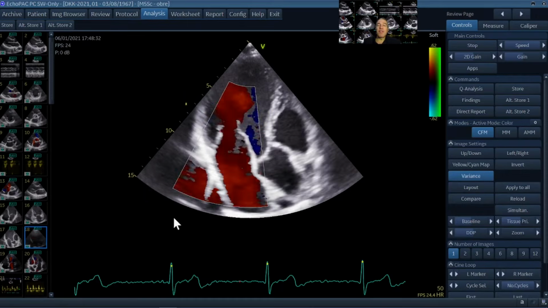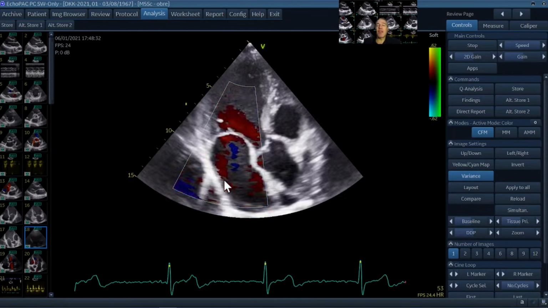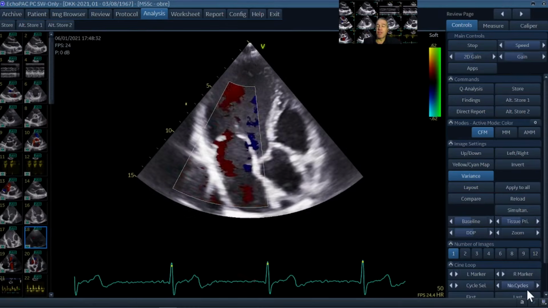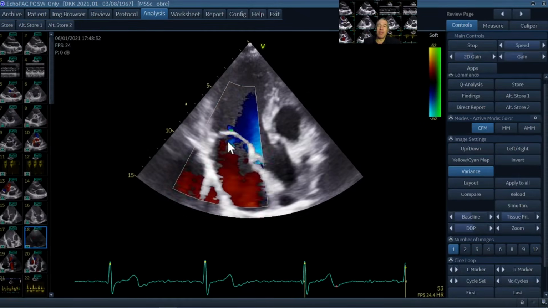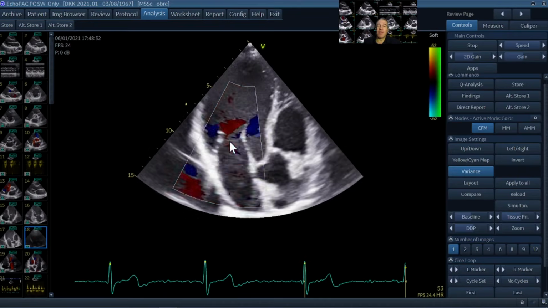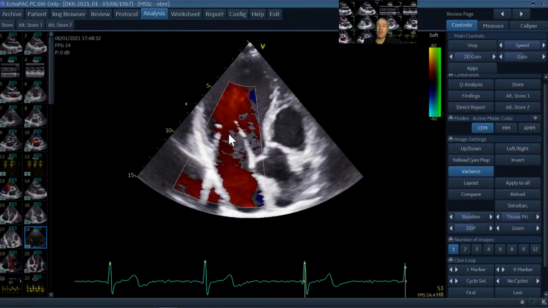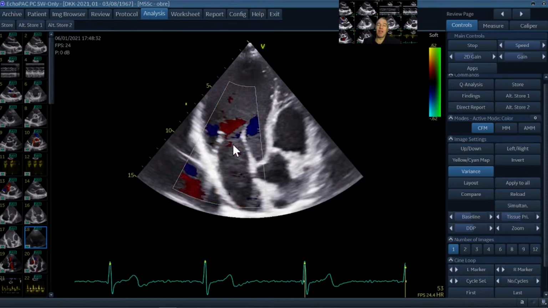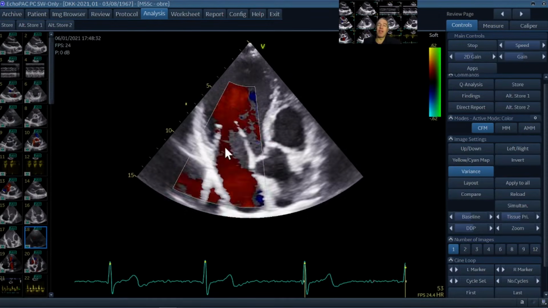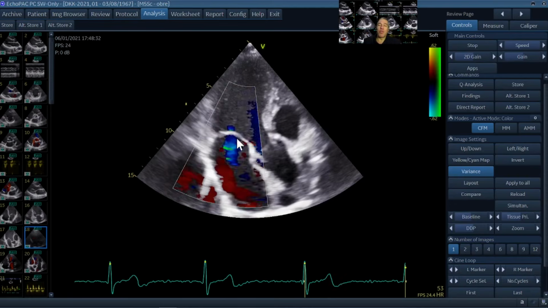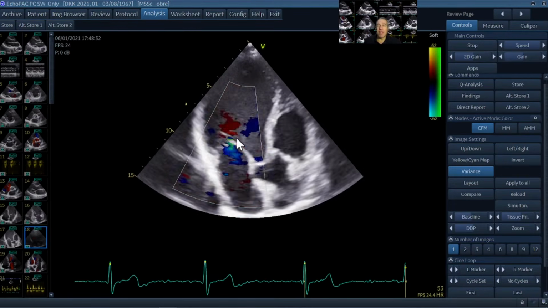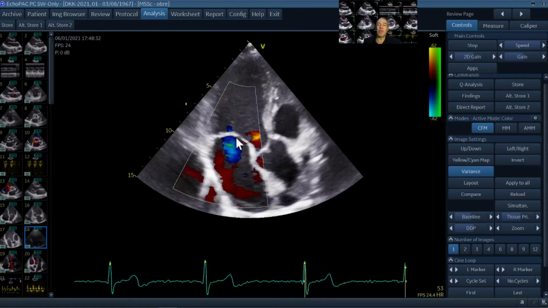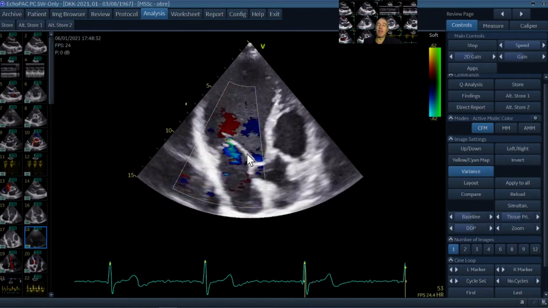In each of these views, we should activate the color Doppler and look across the valves for regurgitation or turbulent inflow in the presence of stenosis. And in each of these three apical views, you should always not only activate the Doppler, but then tilt the probe a little bit so that you really scan the complete valve.